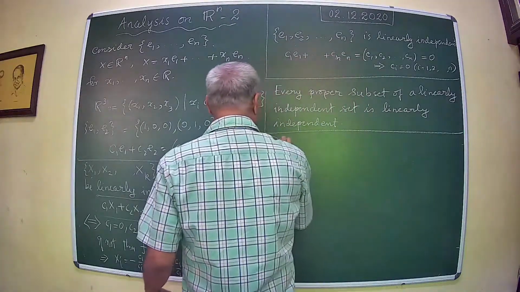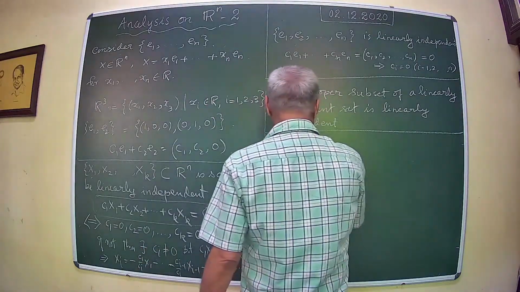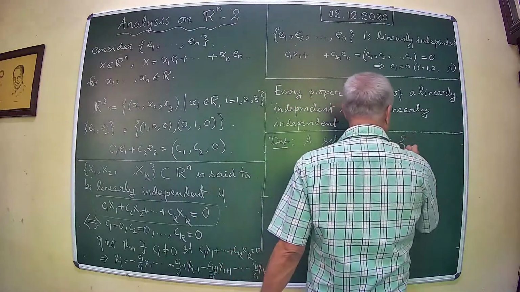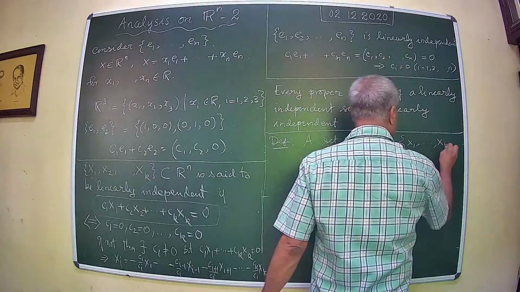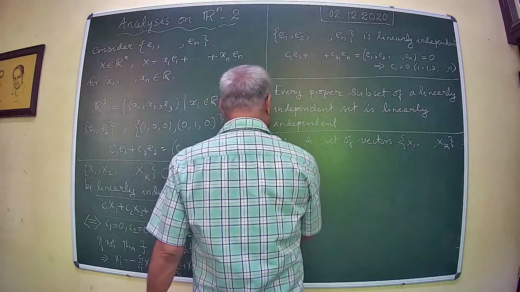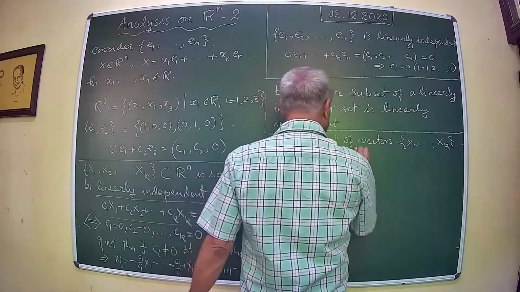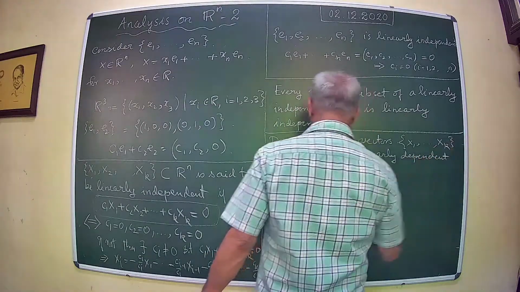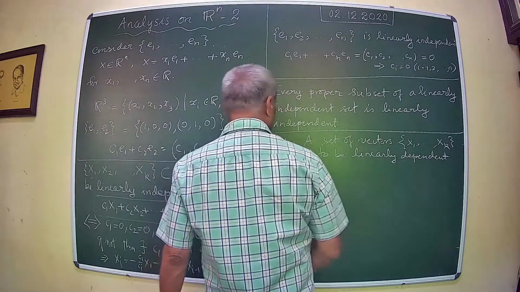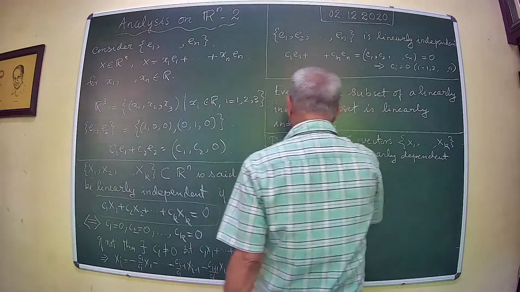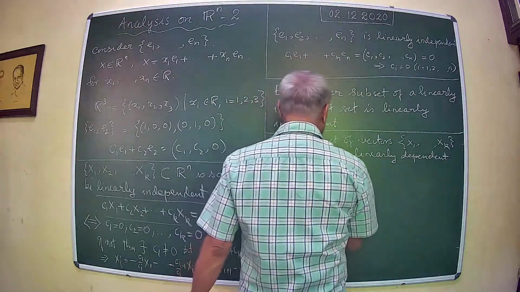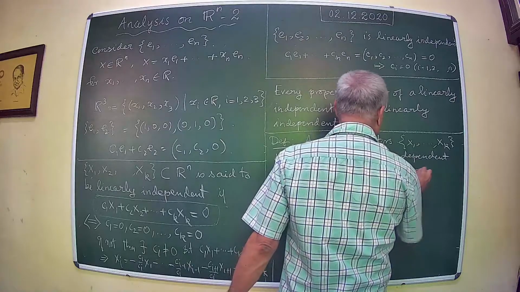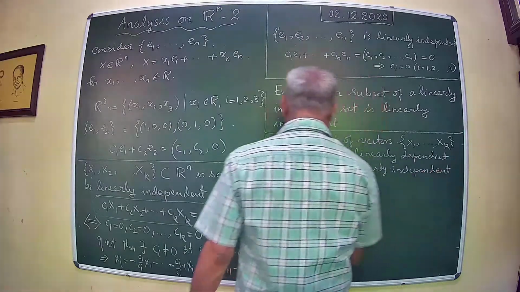So, definition. If it is not linearly independent, then you say it is linearly dependent.